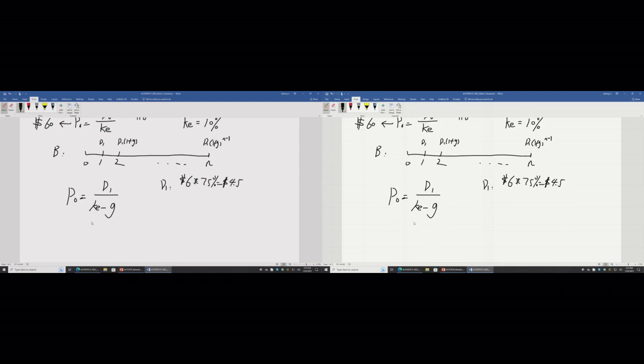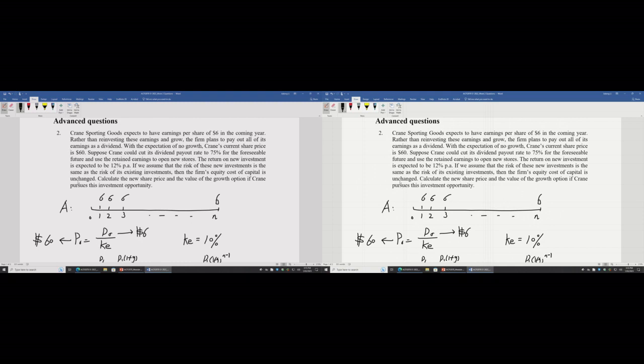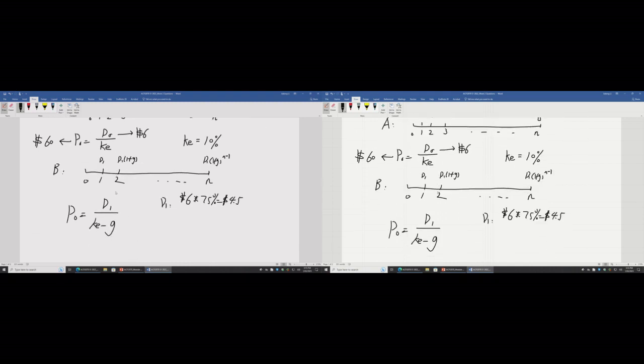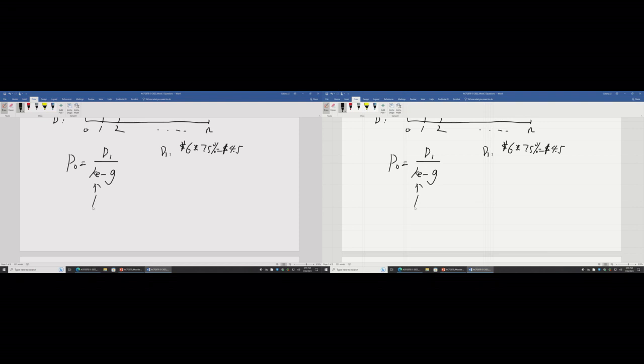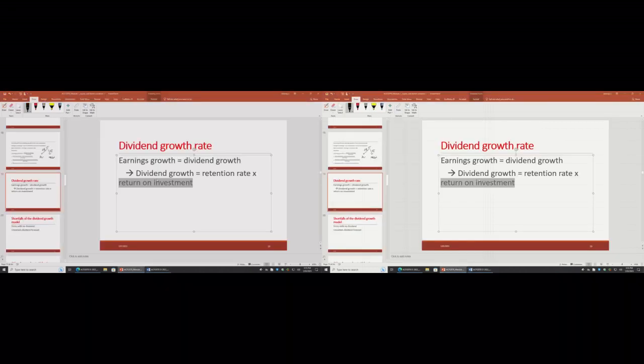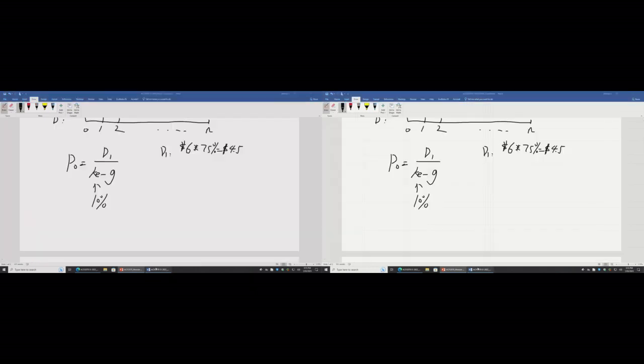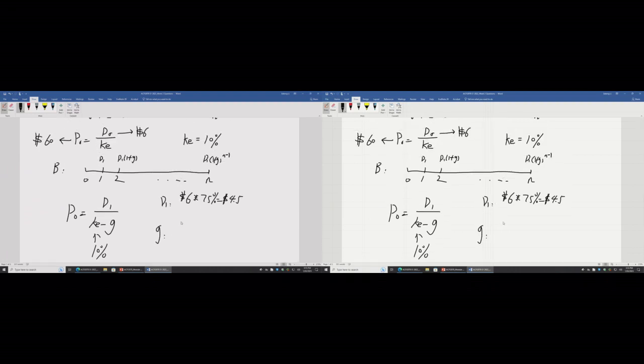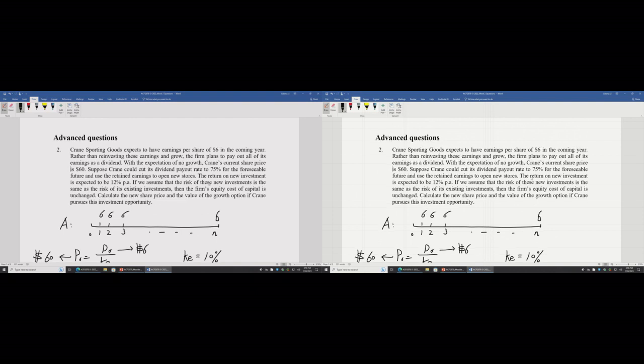So KE, the cost of capital, will not be changed even though you take new investment, right? So we still use 10%. Then what's the growth rate? Growth rate for the dividend. And we have to use this formula, all right? Retention rate multiplied by the return on investment. So what's the retention rate? 25%, all right? 75% is the payout. It means the remaining portion will be retained, so 25%.